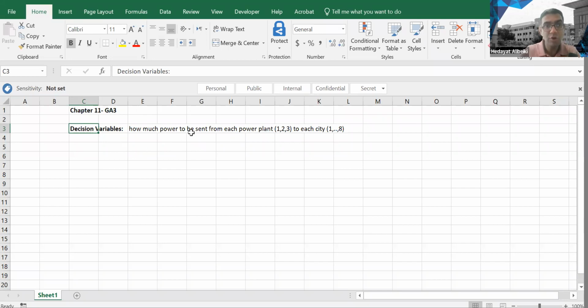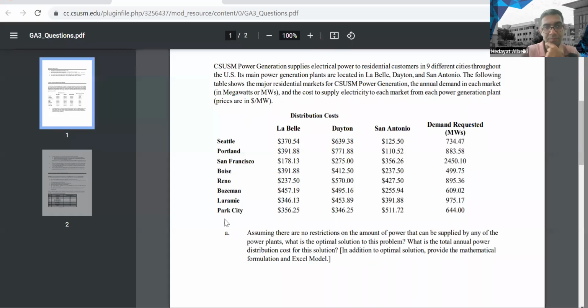So how much power to be supplied or shipped from each power plant? You've got 3 of them, to each one of these cities, and you've got 8 of them. All right, so 24 decisions.